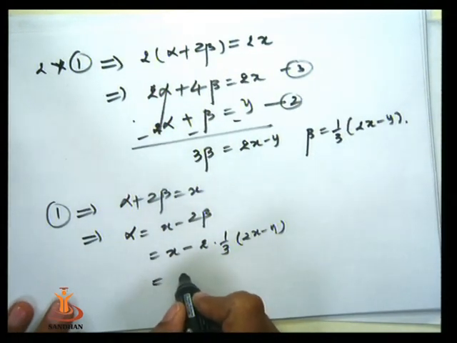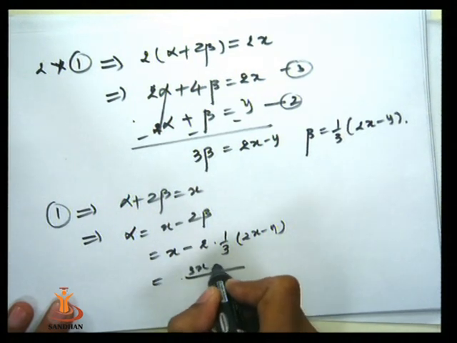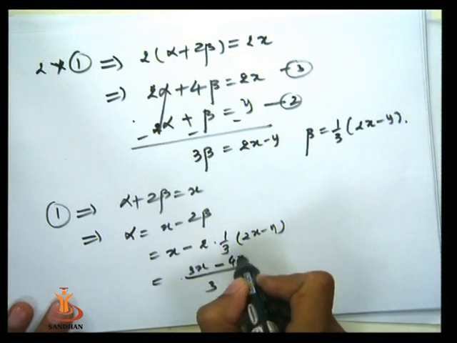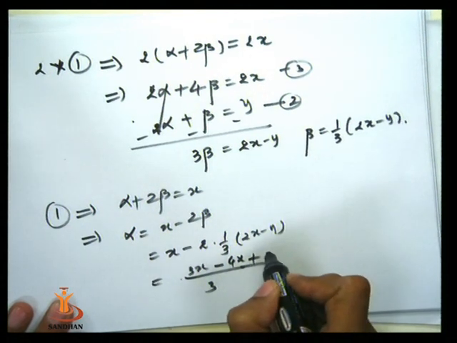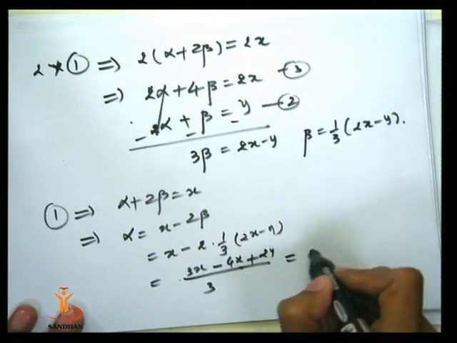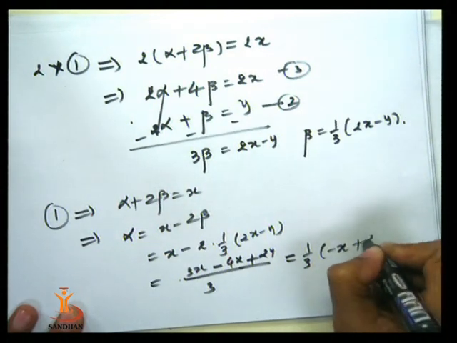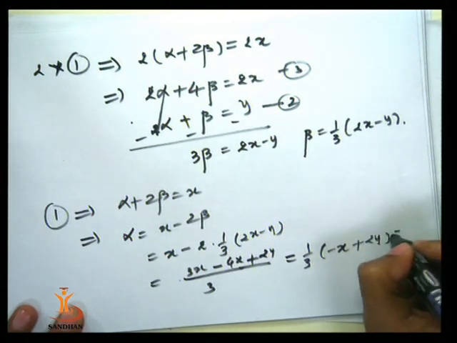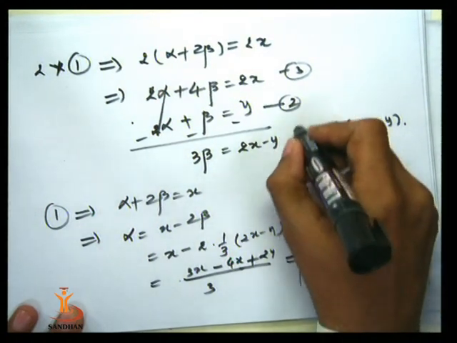Taking LCM 3, we get (3x - 4x + 2y)/3. So we get 1/3 times (-x + 2y), and this is our alpha. So we have obtained alpha and beta.